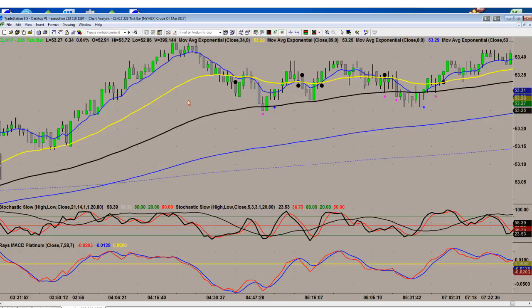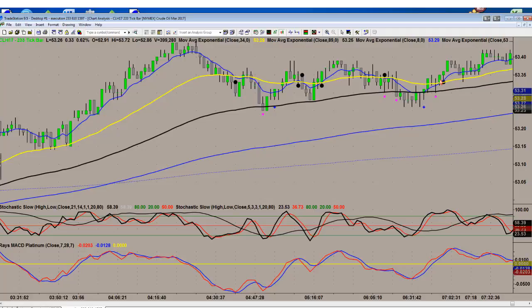And therefore, if you are watching a flat market, you're going to see these dots go back and forth. That's basically a potential sell, potential buy, potential sell, potential buy, potential sell, potential buy. This is when crossover approaches do not work.